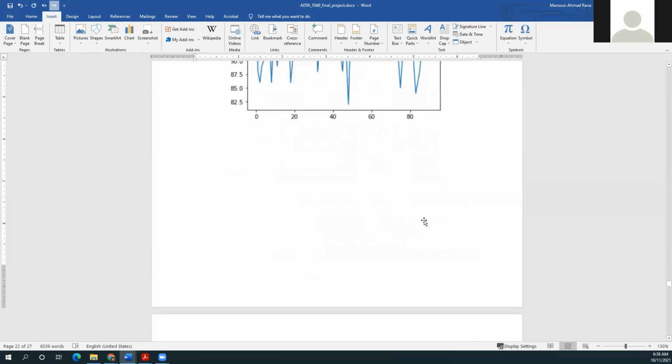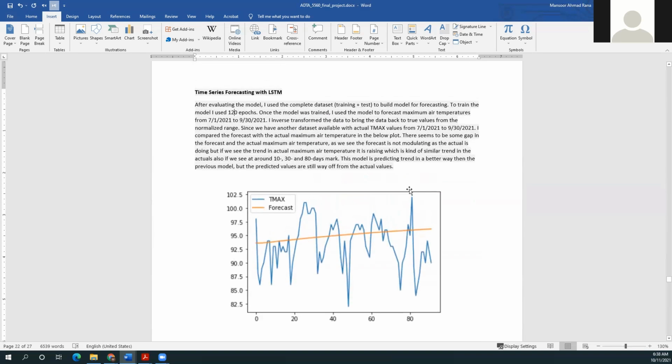So that's with that model. It is still showing the trend, which is that the temperatures are increasing in these 90 days, but it is also not predicting well.